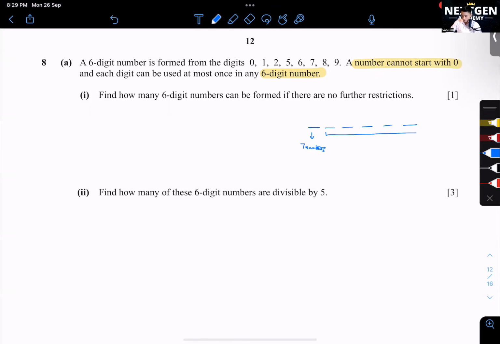And then over here, I can fit another 7 numbers to fit the 5 spots. Therefore, my calculation will be 7P1 times 7P5. You can use your factorial also. The answer is 17640.